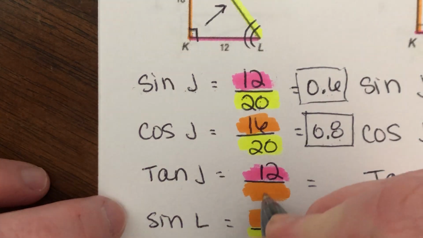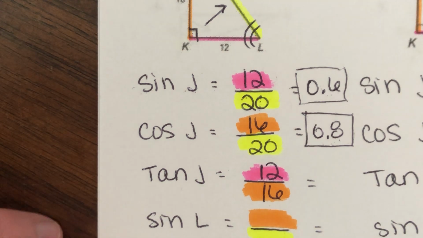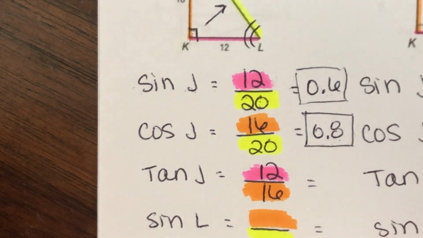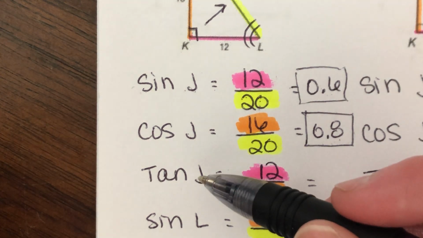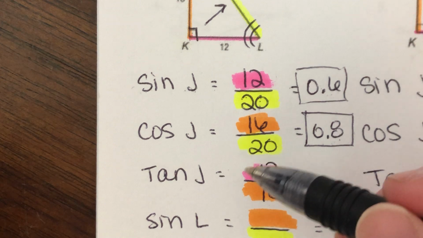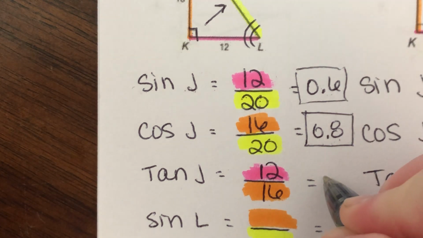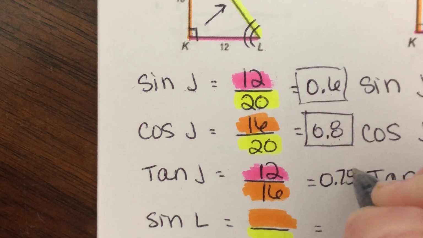Tangent's the only one where you don't have to know the length of the hypotenuse. For the other two, you have to know the hypotenuse, and then you can be missing one of the legs. For tangent, you do not have to know the hypotenuse. You have to know the other two legs. Okay? And then 12 over 16, if I simplify that, I get 0.75.